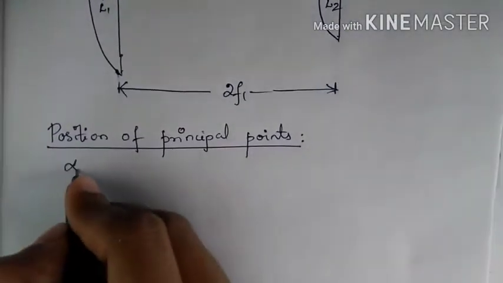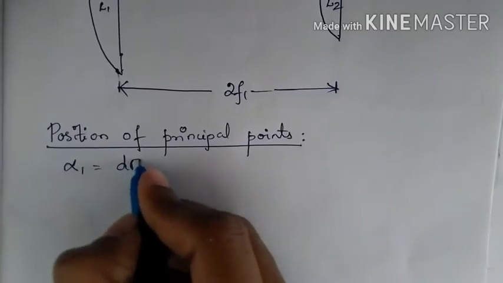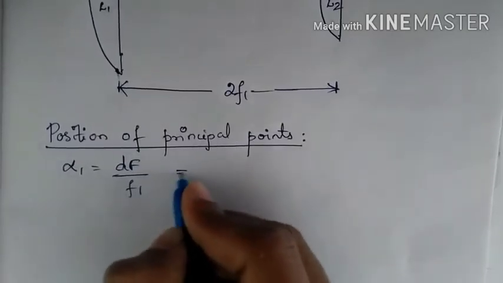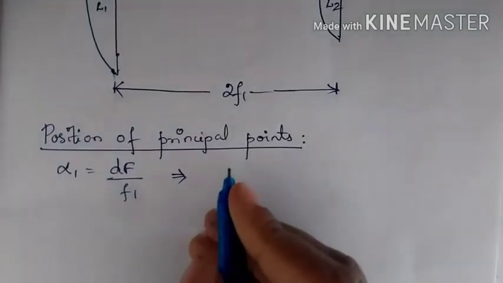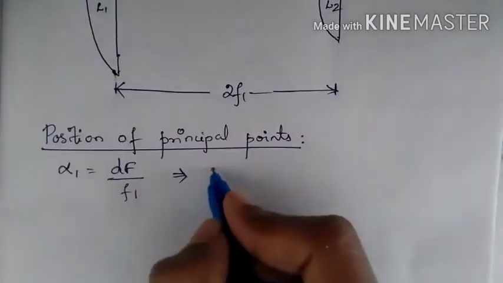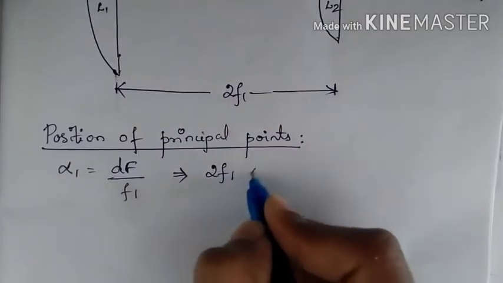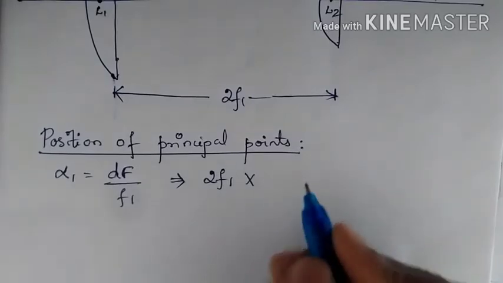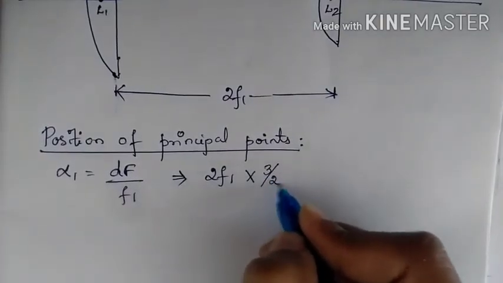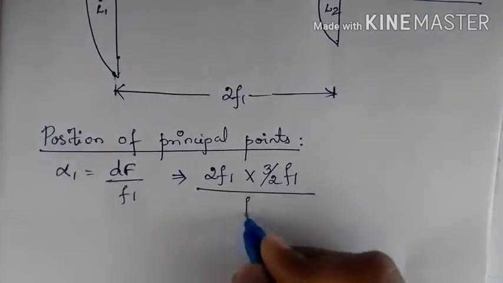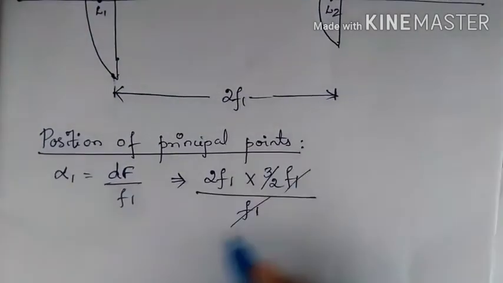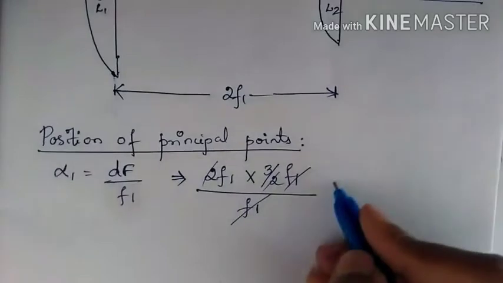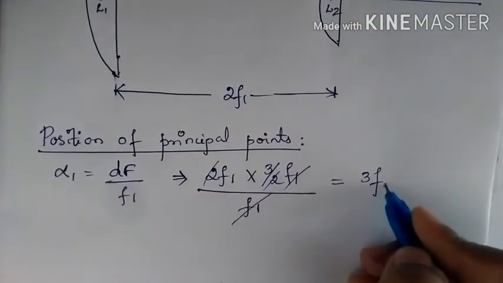So alpha 1 is equals to what? df divided by f1. So we know the distance between the two lenses, it is 2f1, and the equivalent focal length we found it as 3 by 2 f1. So whole divided by f1. F1 will get cancelled, 2 will get cancelled. What remains is 3f1.